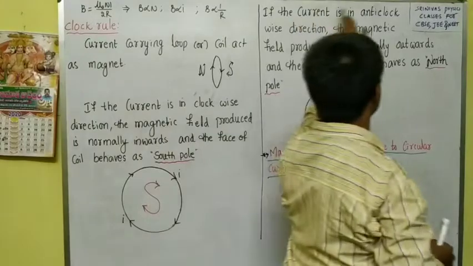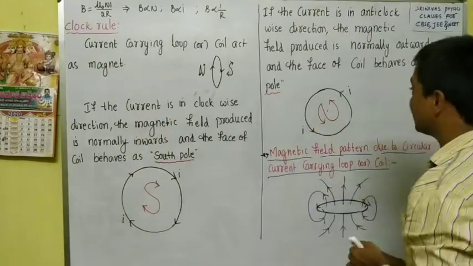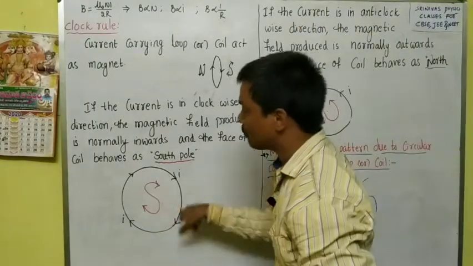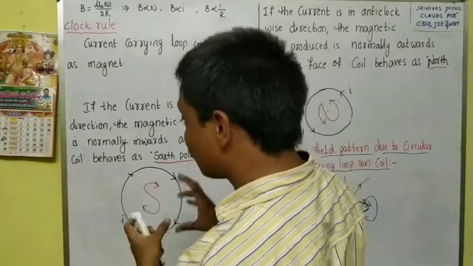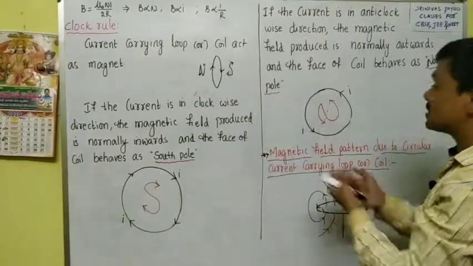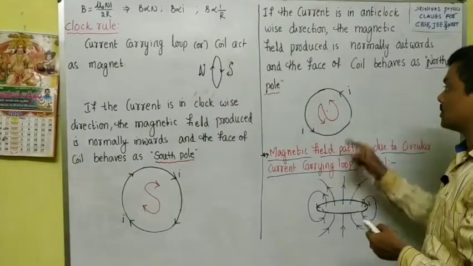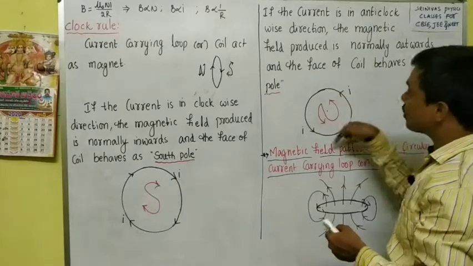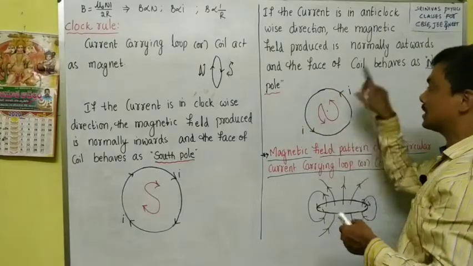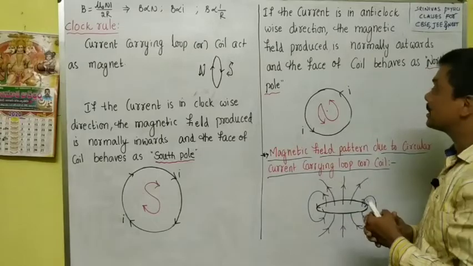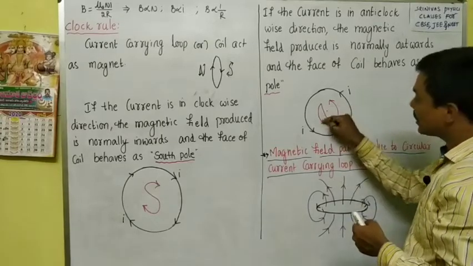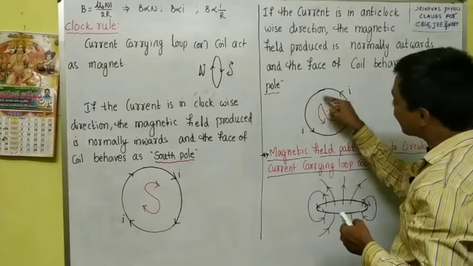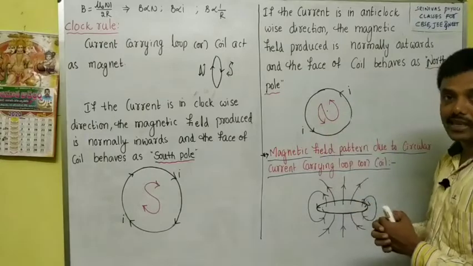And if the current is in anti-clockwise direction, look here, on one face, if it appears as clockwise, on the other side it will appear as anti-clockwise. If the current in one face appears as anti-clockwise, then that face will act as north pole. Look here, the arrow mark is like this, anti-clockwise. That face will act as north pole.